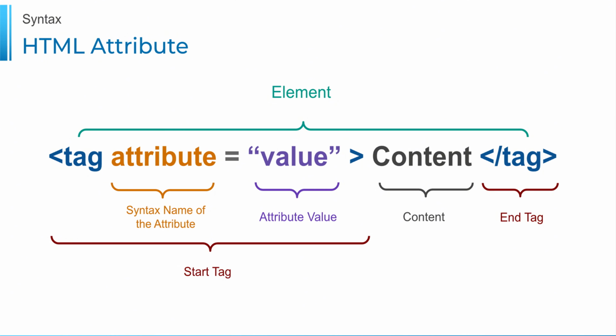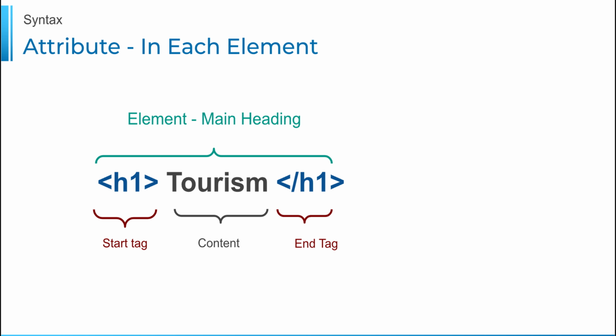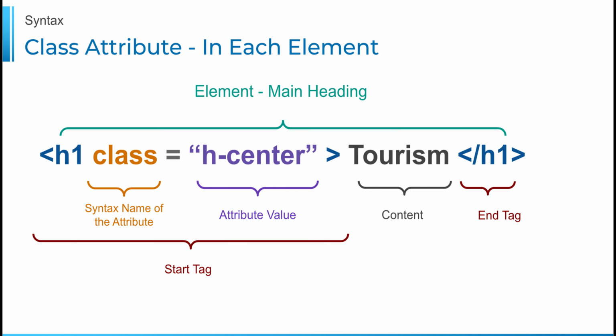Let's now apply and see it in each element. So here let's take the main heading, Tourism, and this is the heading element syntax. For adding the CSS rule set, here we write the attribute, and we use class as the attribute name, and further the attribute value should be h-center, as we wrote in the CSS selector.